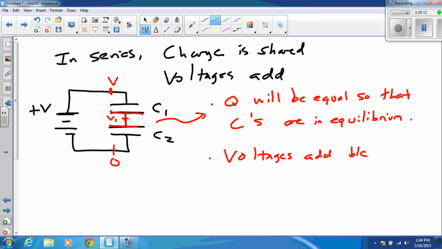At whatever point this is, V1, the voltage difference here is V minus V1, and when I add that to the voltage difference there, which is V1 minus 0, look at that, I get V. So the individual voltage drops across each one must total up to V.